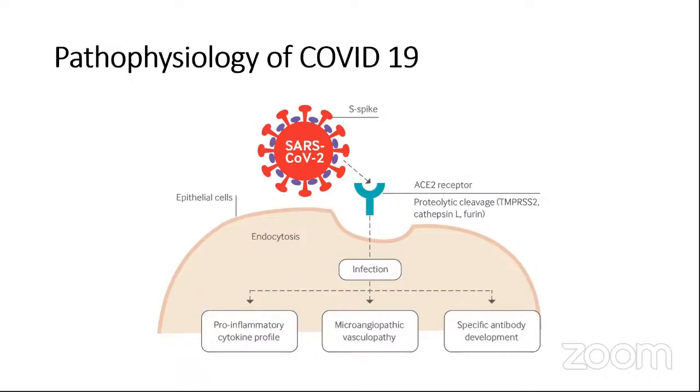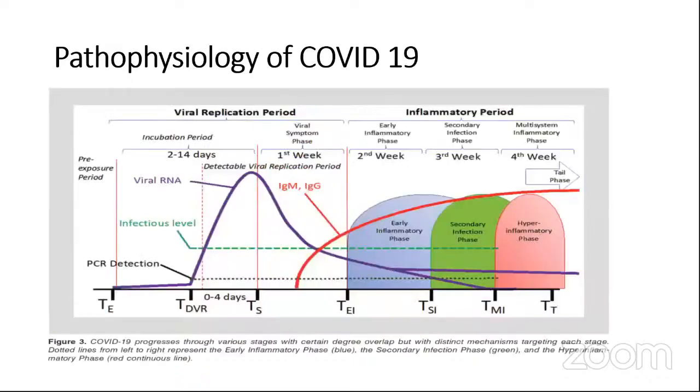Let me explain this process further using this diagram. The red line on your left-hand side indicates the exposure of a person to the virus, so viral exposure. And the second red line is the time that you develop symptoms.